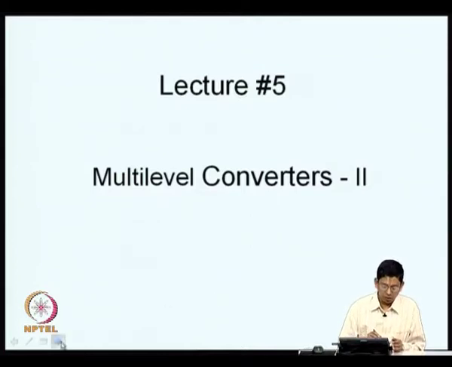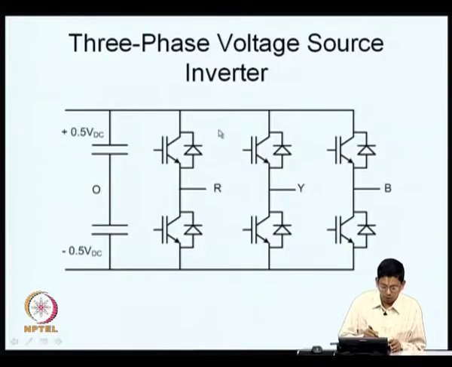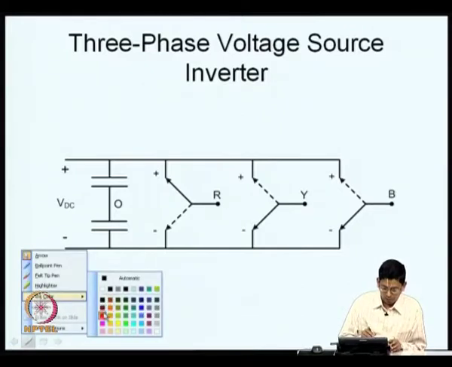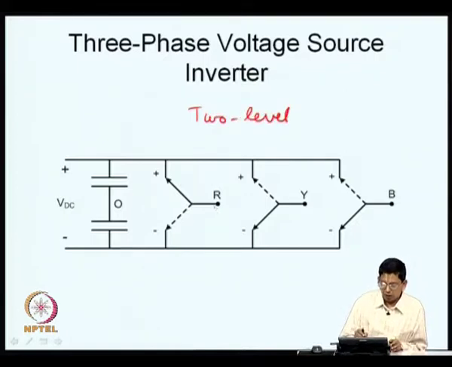So, let us take a look at what is a conventional 2-level voltage source inverter. This is the standard 3-phase 2-level voltage source inverter. I would call this a 2-level voltage source inverter because of one reason. Why?